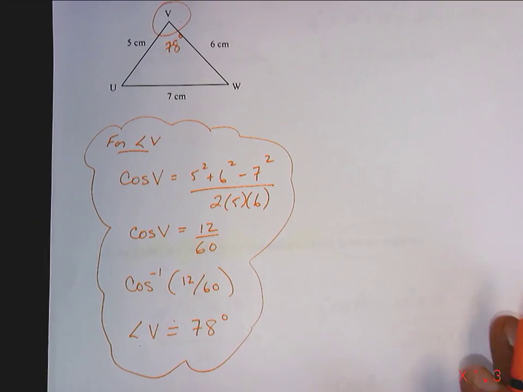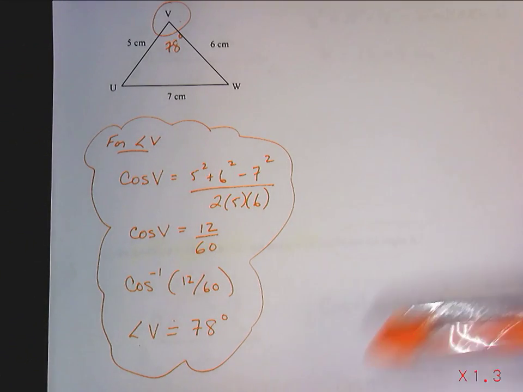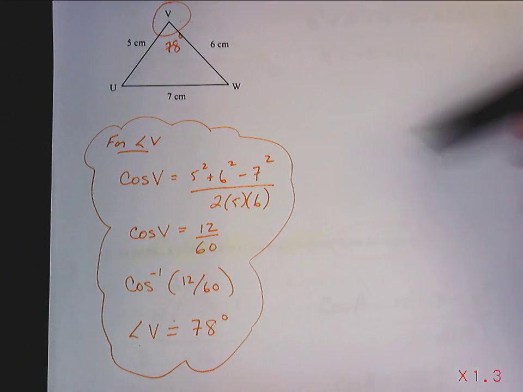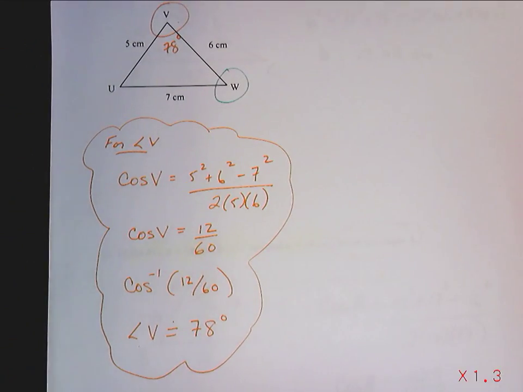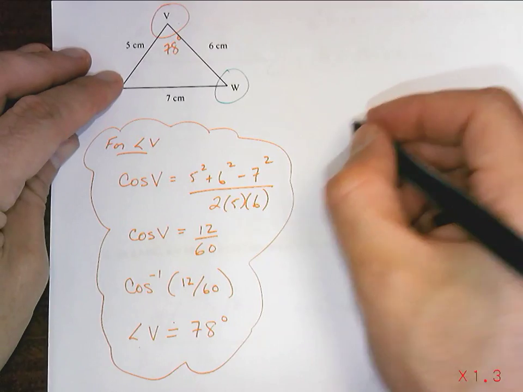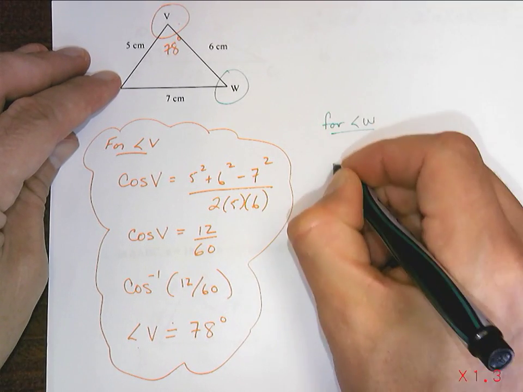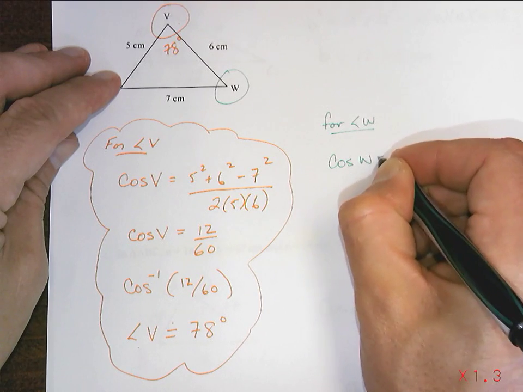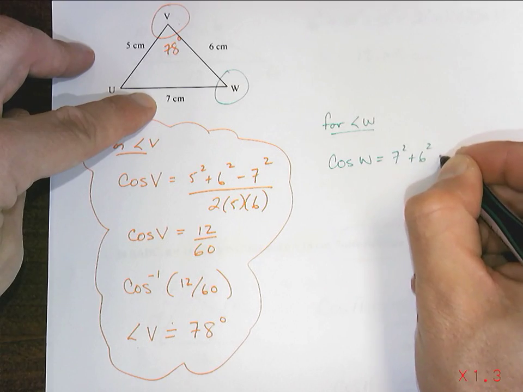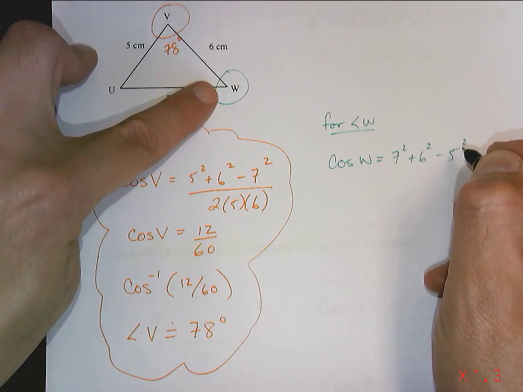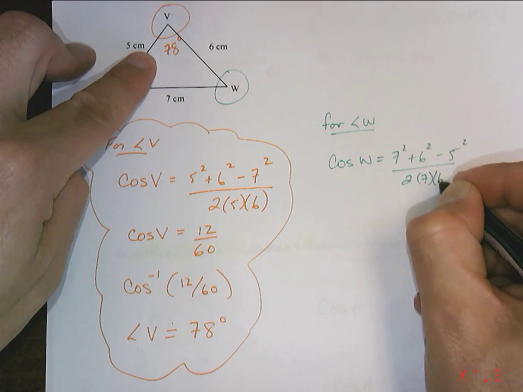Now, you need to get one of the other angles. You have a choice. You can use the cosine law again. There's nothing wrong with that. I could go after W. And if I went after W, I could say that cosine of W equals the other two side squareds minus the side opposite the angle, over 2 times the other two sides.